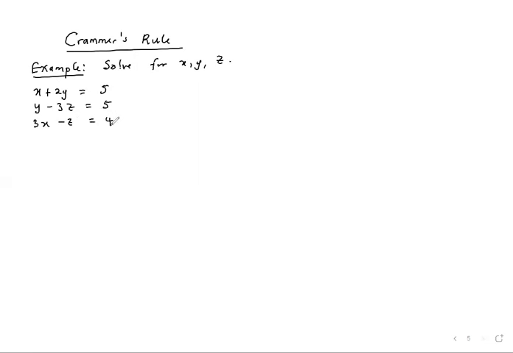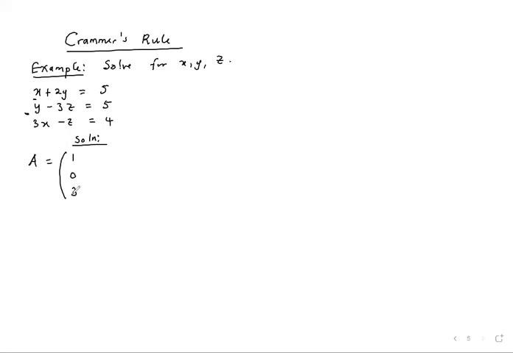First thing that you do is you construct a matrix. Let's call it matrix A, where you pick the coefficients of the variables on the left. So have 1 for x. Since there's no x here, it means that its coefficient was 0. And 3.